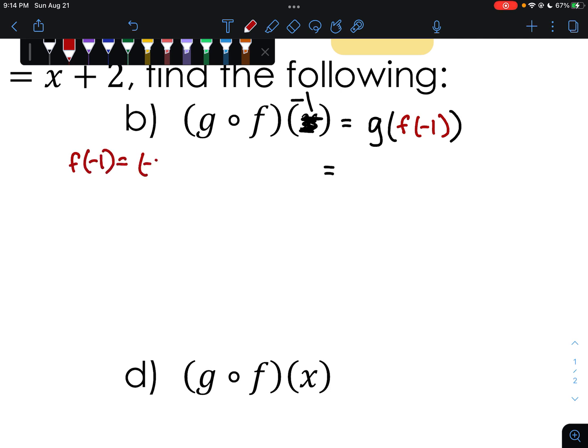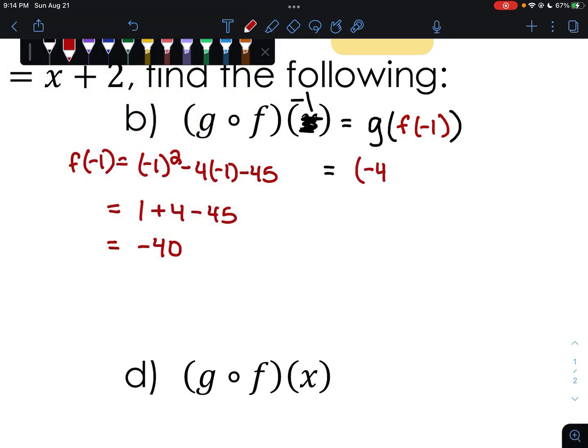So that would be -1 squared minus 4 times -1 minus 45. That would be equivalent to 1 plus 4 minus 45, which would be equal to -40. So now I have -40 plus 2, and that would be equal to -38.